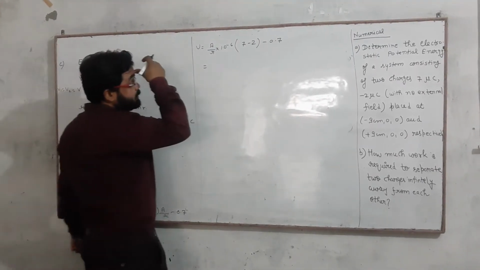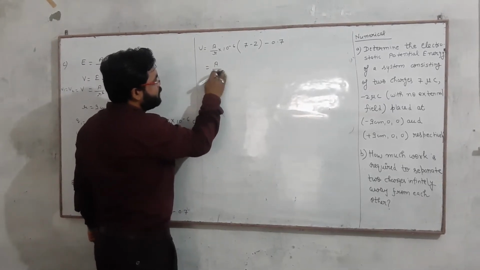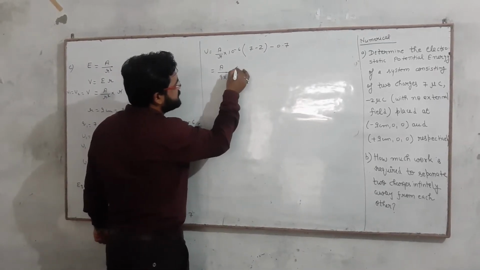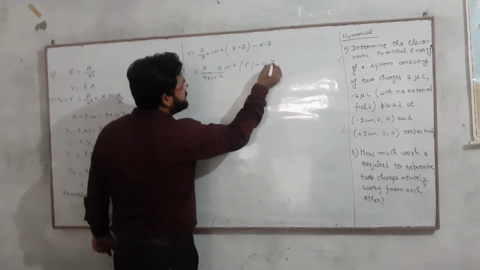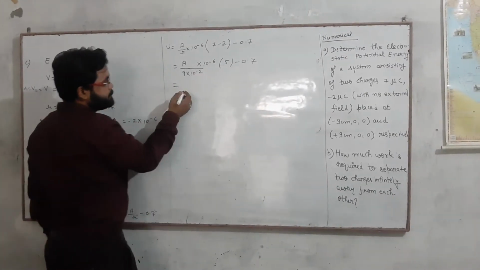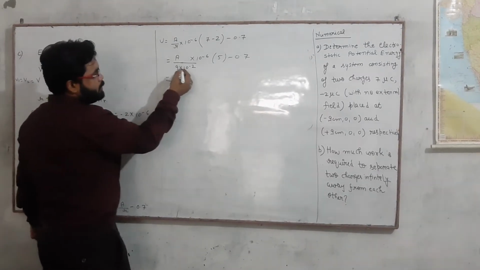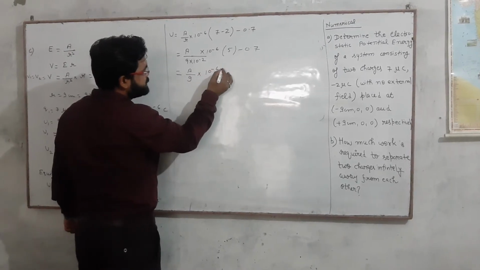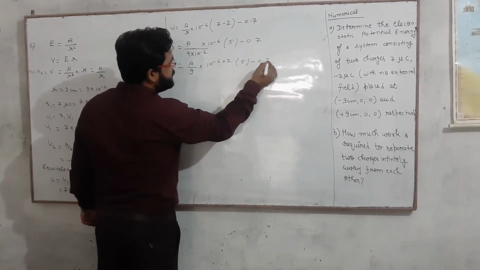Okay, fine. So A by R, the value of R is 9 into 10 to the power minus 2, and this is 10 to the power minus 6 into 5 minus 0.7.